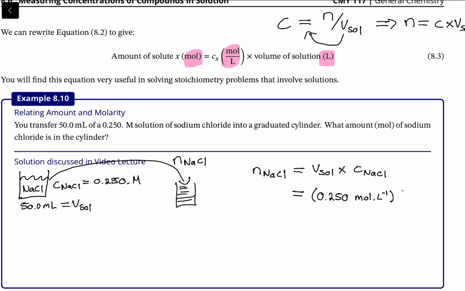Our volume is currently in milliliters, so we need to convert that to liters. 50.0 milliliters is 50.0 times 10 to the negative 3 liter. And then you should get a nice little value of 0.0125 mole sodium chloride.